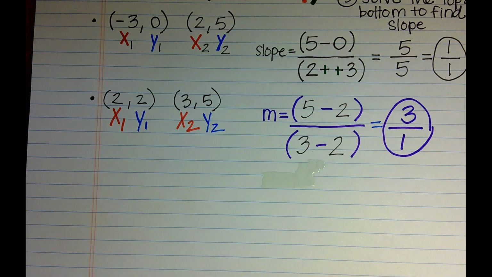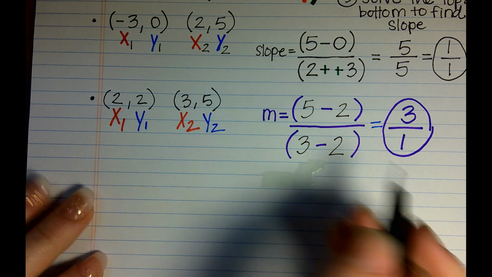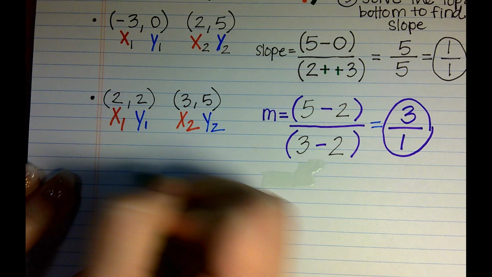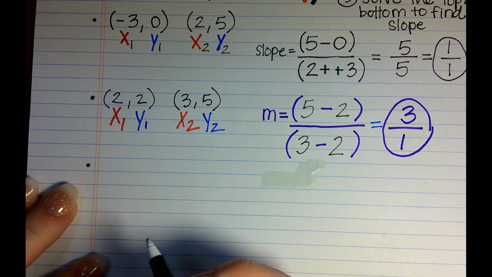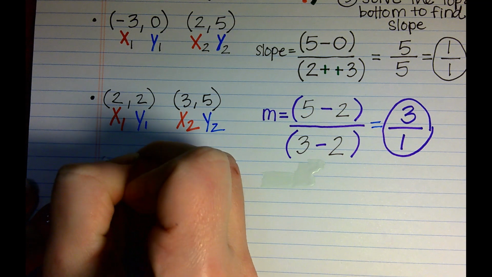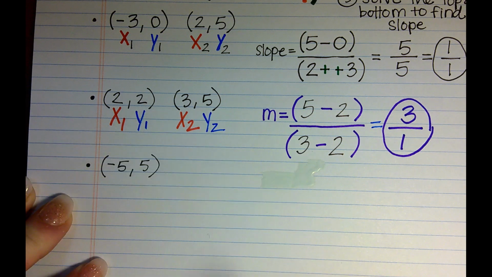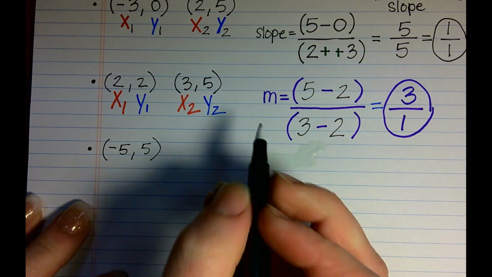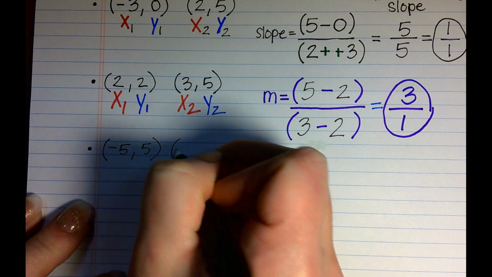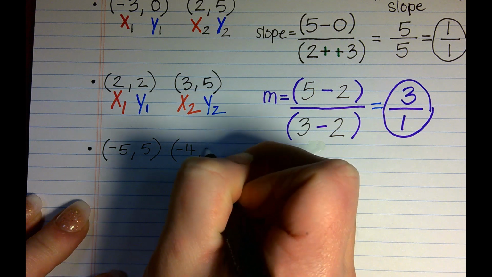Let's do number 4 on our do now worksheet. Our points are -5, 5, and -4, -5.